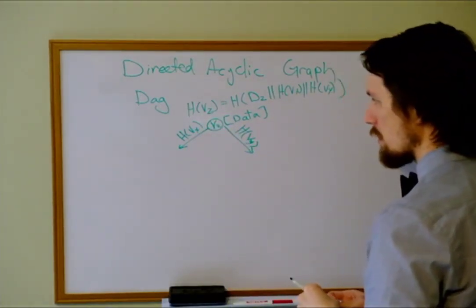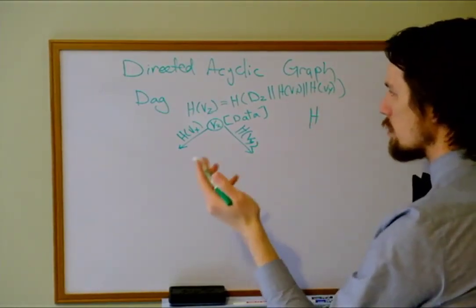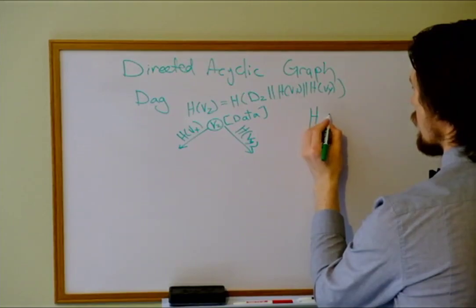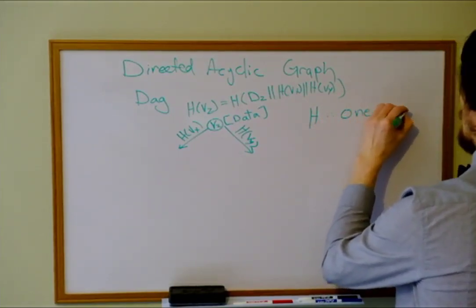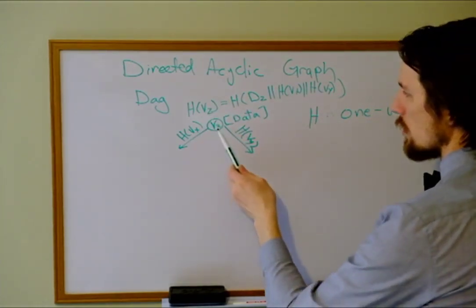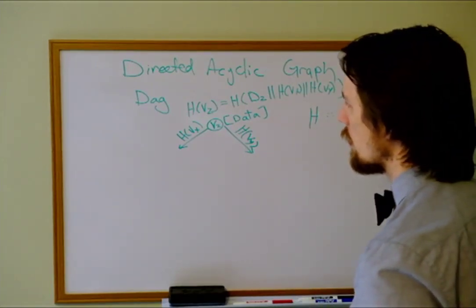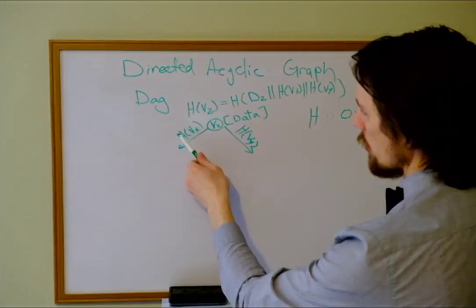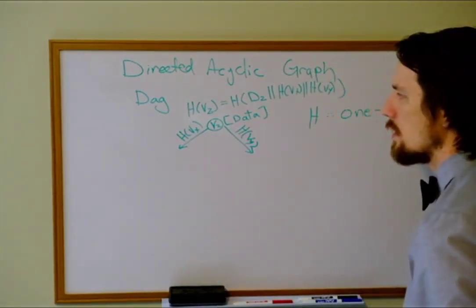The properties of this hash function are such that it should be one way. Such that given HVZ, you could not look at HVX and make a second HVX.